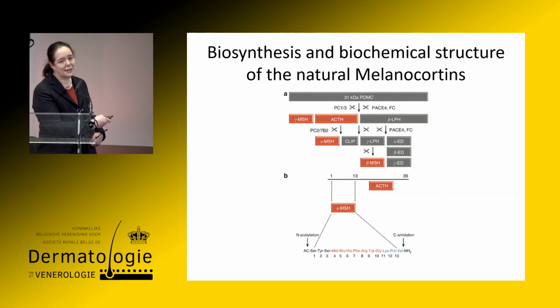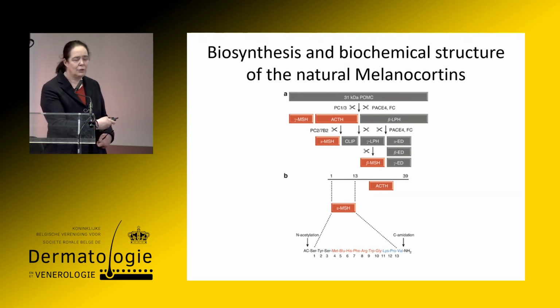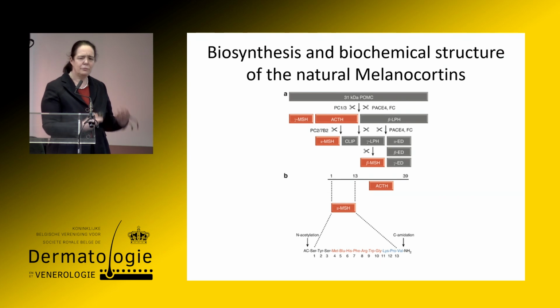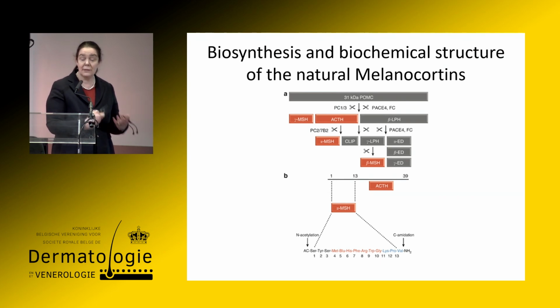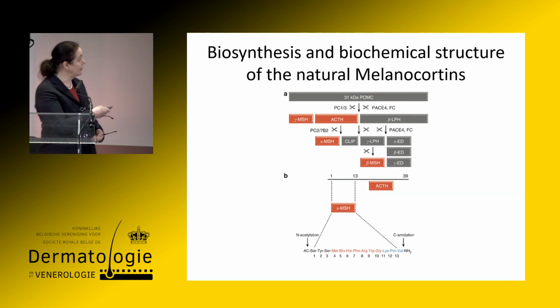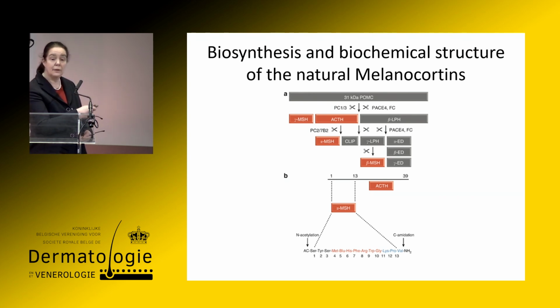I understand that it's not so easy. Endorphin. You know, when you go to the sun, you have this good feeling, which is why people can get addicted to tanning. This is the reason. So some people are really affected by this mechanism. And finally, MSH.